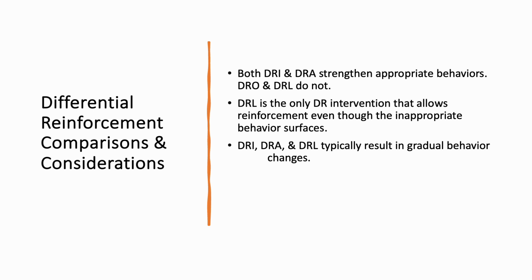As I mentioned, in most cases people think of it with extinction, but you can have it without extinction, which is when a person delivers low quality reinforcement for the problem behavior, and then because of the matching law, that behavior will still reduce because the alternative appropriate behavior is receiving such high quality reinforcement. Okay, and then the last bullet says that DRI, DRA, and DRL typically result in gradual behavior changes, which we mentioned earlier as well.